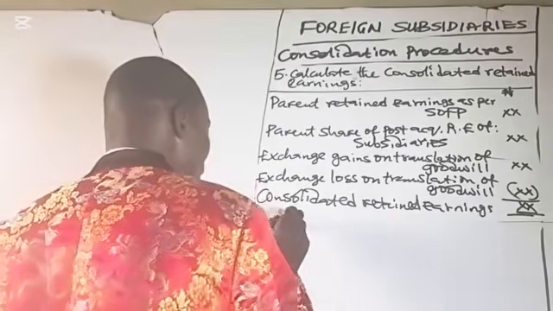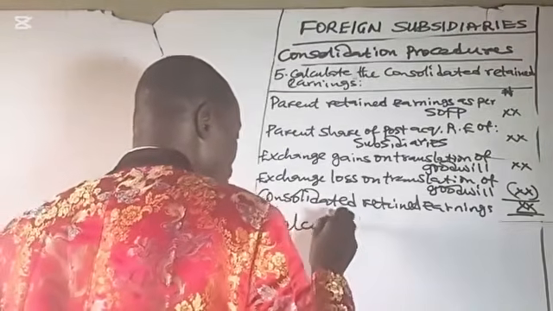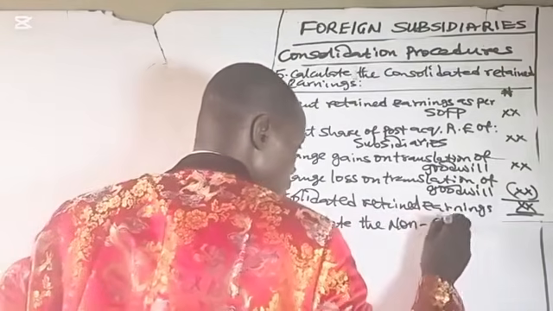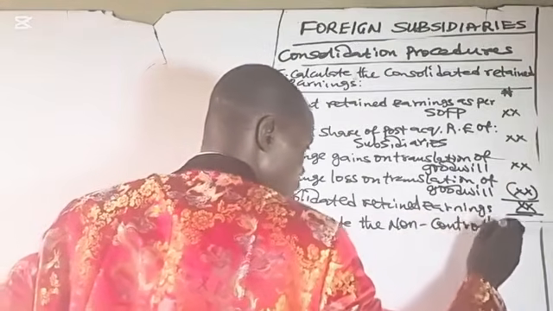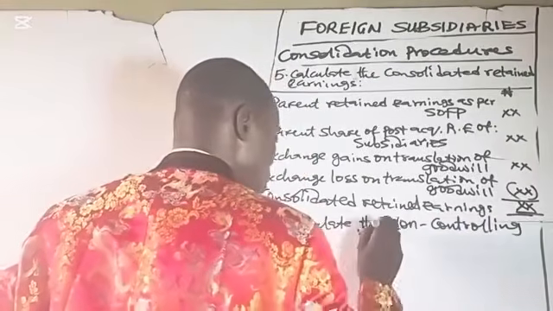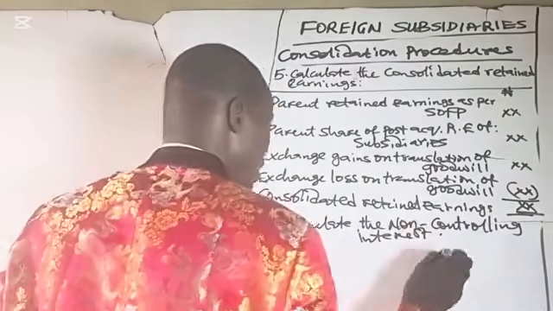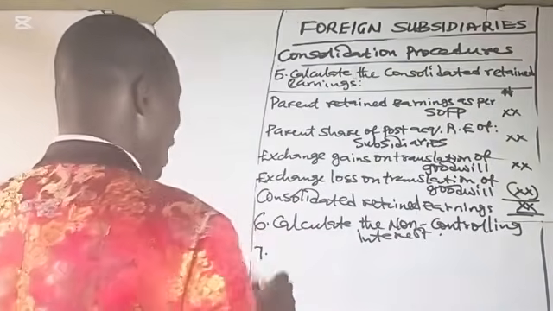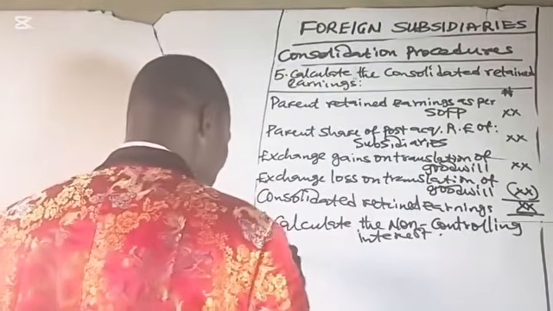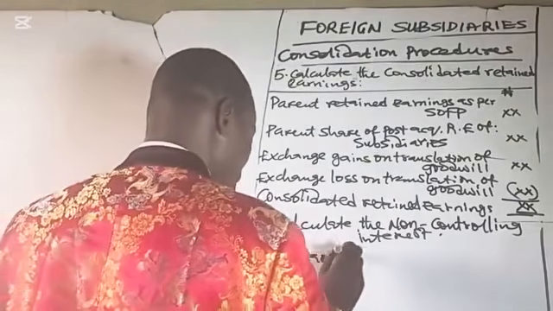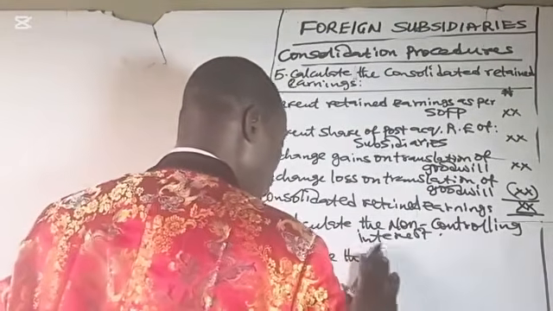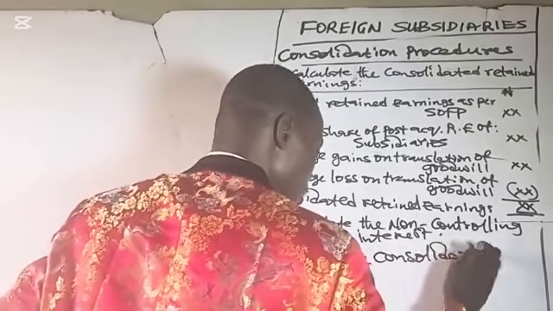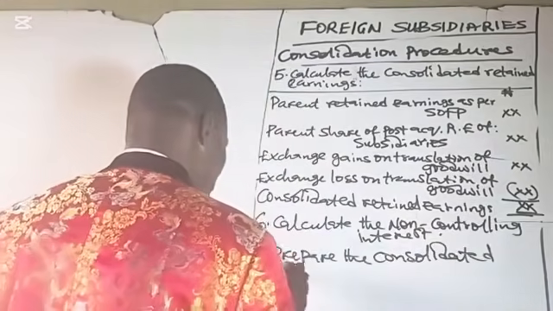Number 6, calculate the non-controlling interest to be included in the consolidated statement of financial position. Finally, prepare the consolidated statement of financial position.